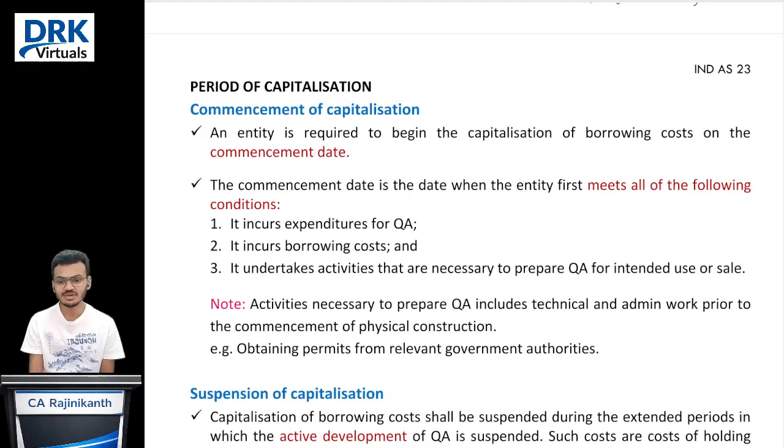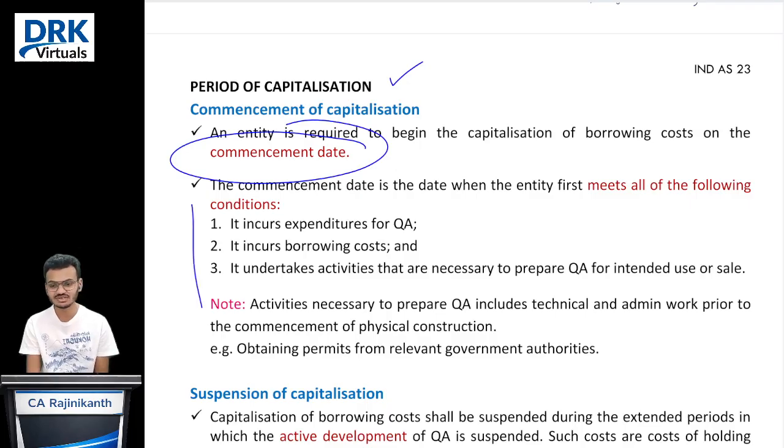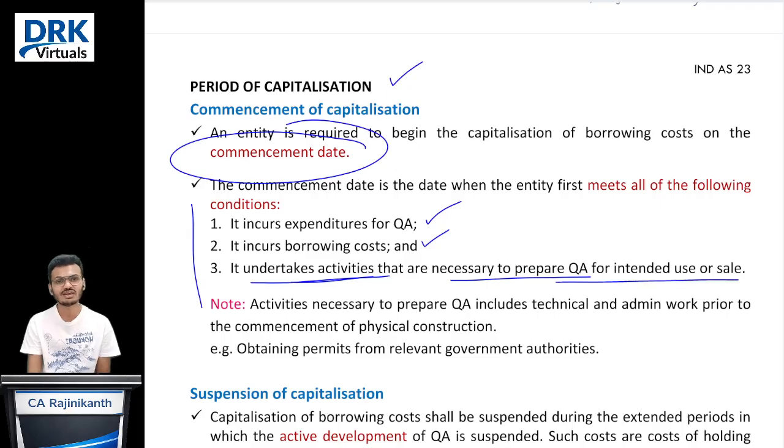Okay, and next one, period of capitalization. When to start the capitalization of borrowing cost? When to stop the borrowing cost capitalization? That is our discussion. Standard is saying that start the capitalization of borrowing cost on commencement date. Commencement date means what? It is the date on which the entity starts incurring expenses on the qualifying asset, starts incurring borrowing cost, and undertakes activities that are necessary to prepare the qualifying asset for its intended use or sale.